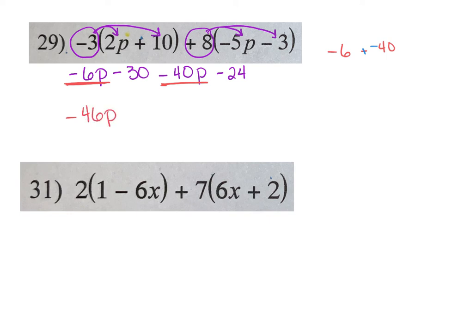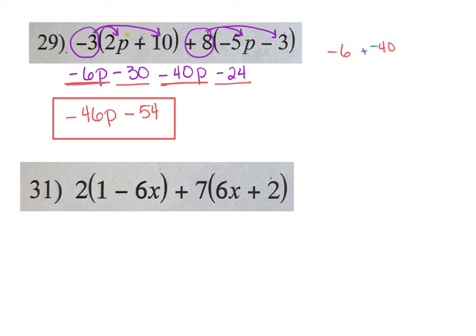And then my common terms here, -30 and -24. Those are the same sign, so I add them, -54. So my answer here would be -46p minus 54. All right, we good on that one?